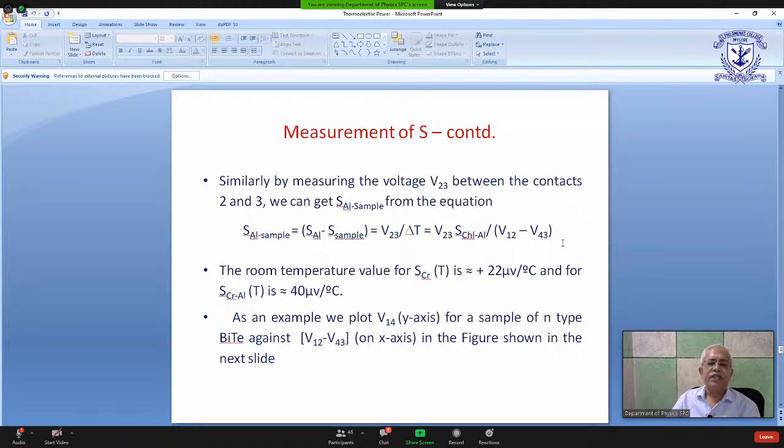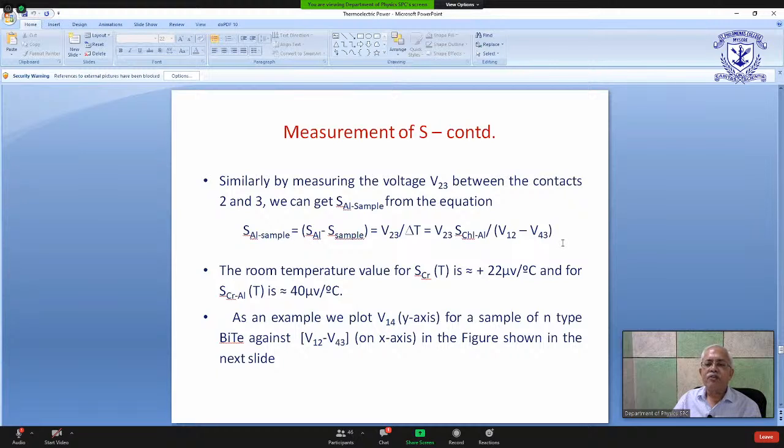So what we do is we plot V14 as measured against V12 minus V43. Okay. All these voltages were measured as prescribed in the previous slides. So now we can plot V14 versus V12 minus V43. Okay. Now see the equation above in this slide. All right.